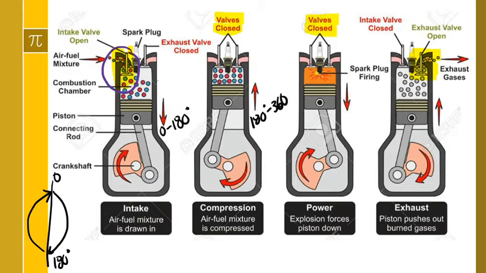And I'm talking about crankshaft rotation here, remember. 360 to 540 degrees, or you can think of that as starting at 0 again, going back down to that 180. But we're on the second rotation, so it's like we've gone through 360, we're heading to 540. And then if you want to have 2 full rotations of the crankshaft, you're going to go 540 to 720. And that will take you back up to the top, to the end of the exhaust stroke.